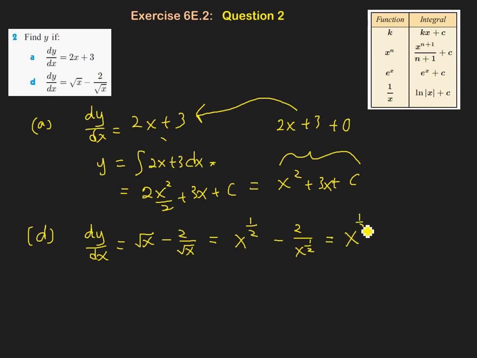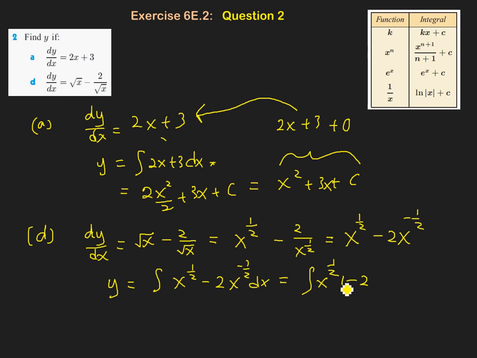So this means that y is to integrate this. Again, we use that property, the constant comes out in front of the integral, with dx. This is our x dx.